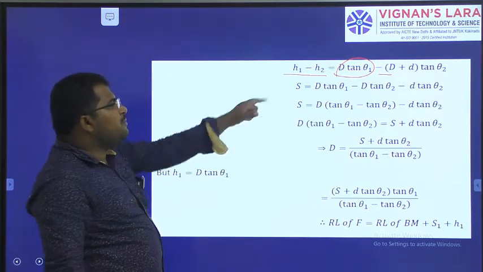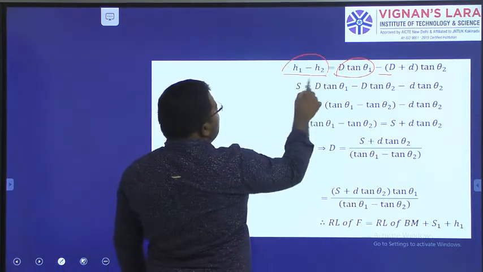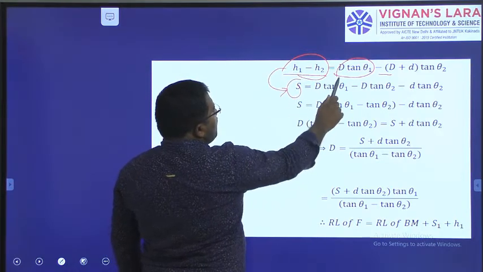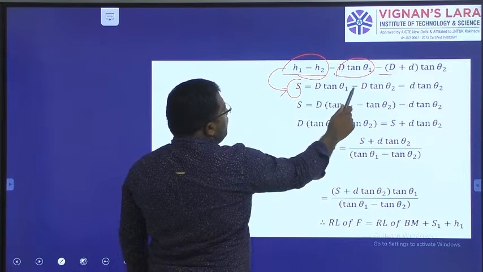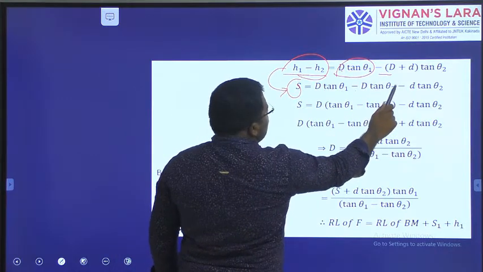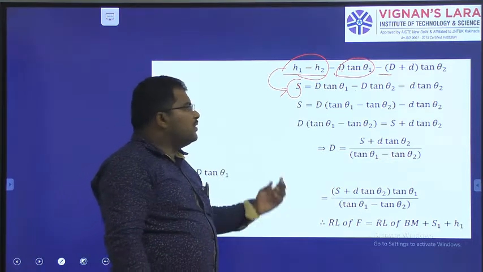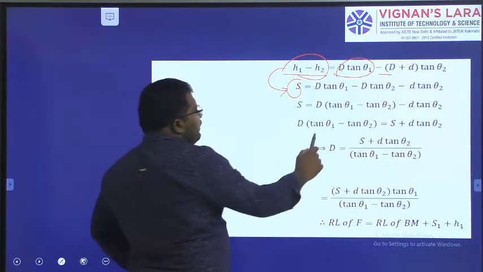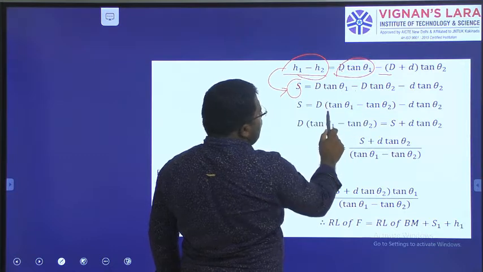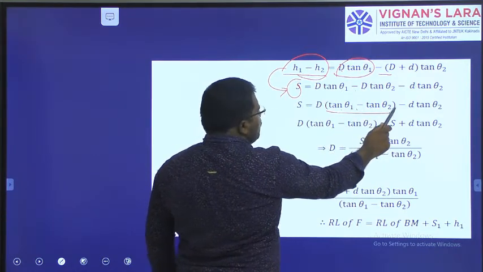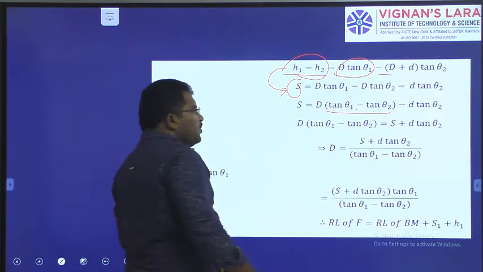If we simplify this, we already know we are going to substitute S. Then D tan theta 1 minus D tan theta 2 minus small d tan theta 2, so the D will be taken out. D into (tan theta 1 minus tan theta 2) minus small d tan theta 2, right?